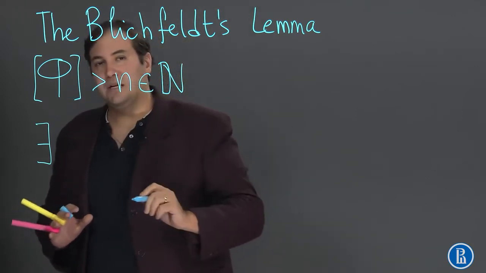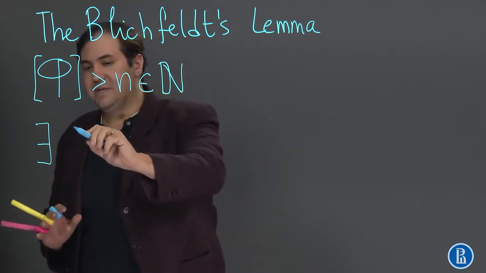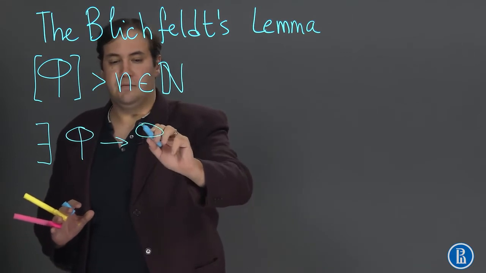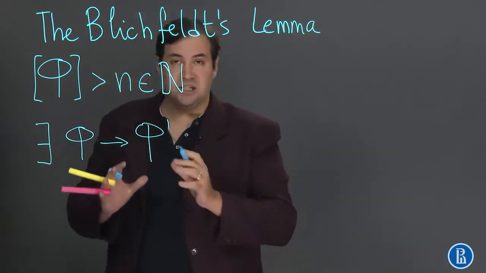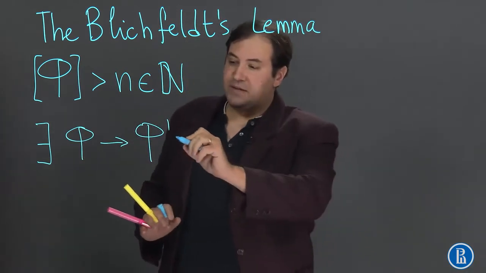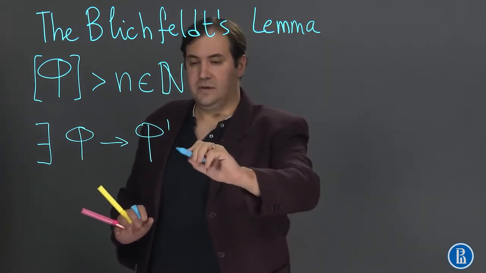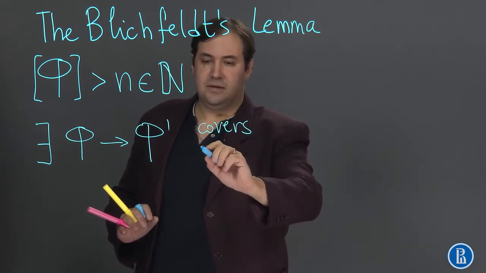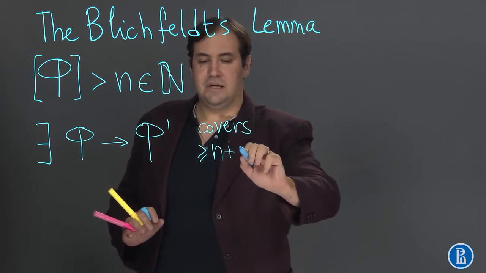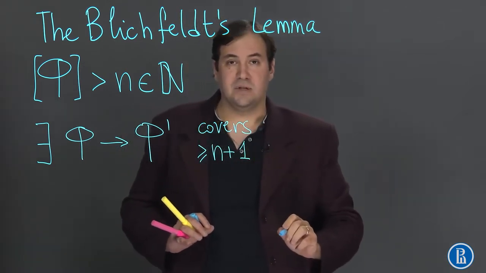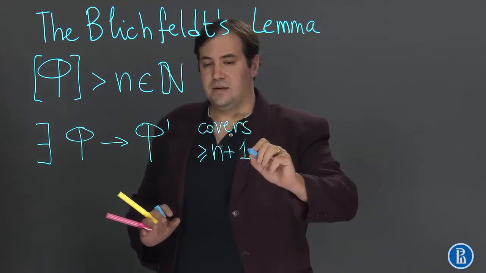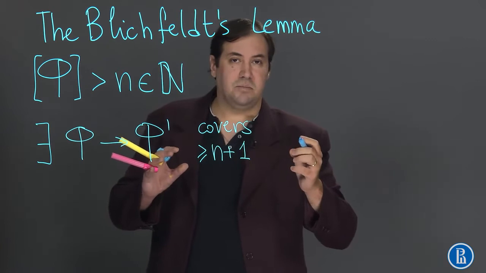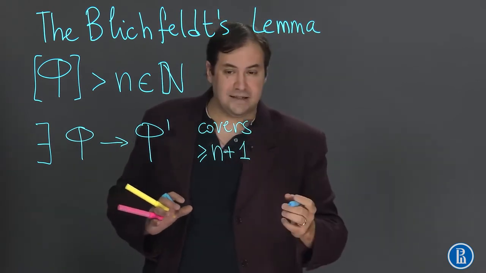Well, this is the capital Greek letter phi. So there exists a shift phi to, say, phi prime. It's just a parallel shift such that phi prime covers at least n plus 1 points with integer coordinates, which are also called points on the integer lattice.